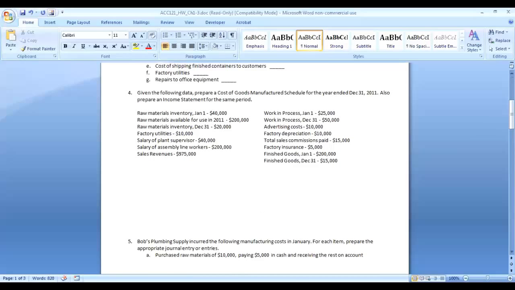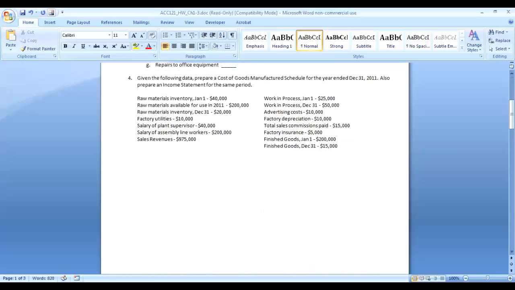Okay, so this is definitely a very representative example of the type of thing you would be expected to piece together here. So this said, given the following data, put together a cost of goods manufactured schedule for this year, and then an income statement for the same thing.